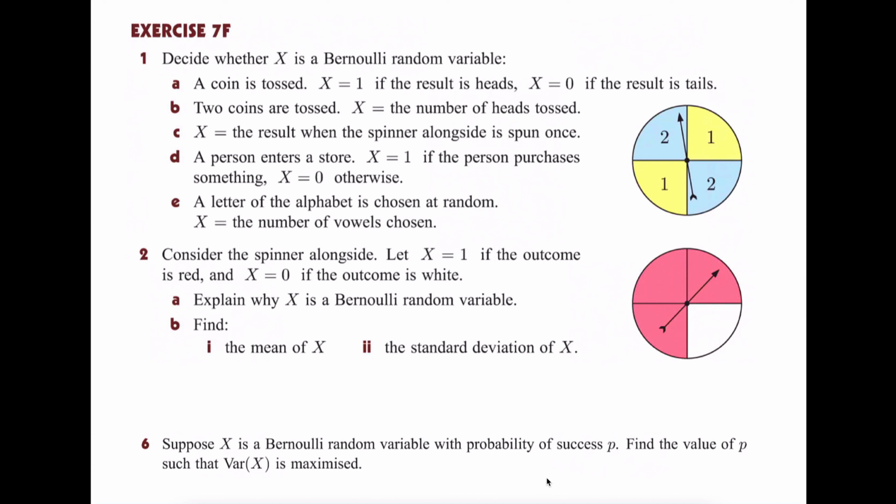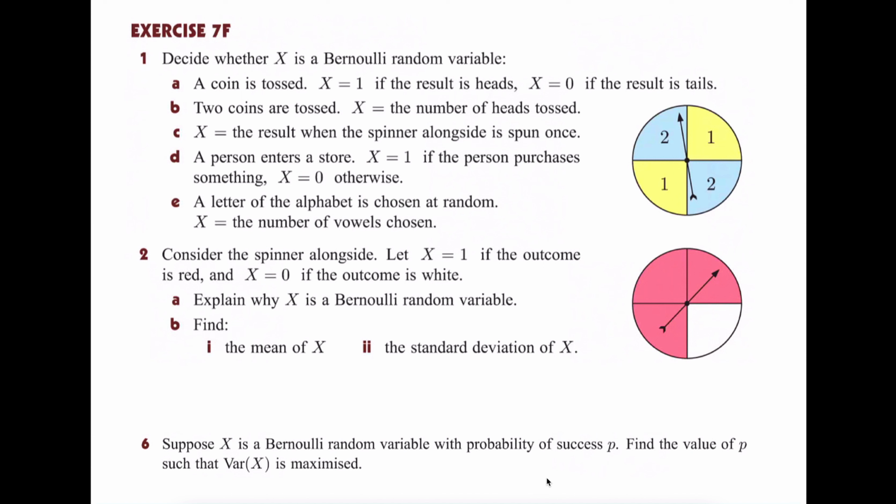C, if you look at the spinner alongside, and x is the result when the spinner is spun once. Yep, it could be, but it depends on how you interpret the question. They are saying that x is the result, so x could be 1 or 2.